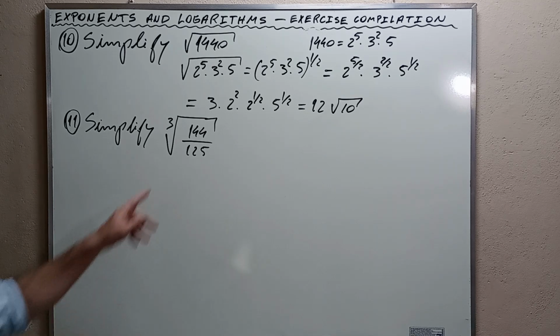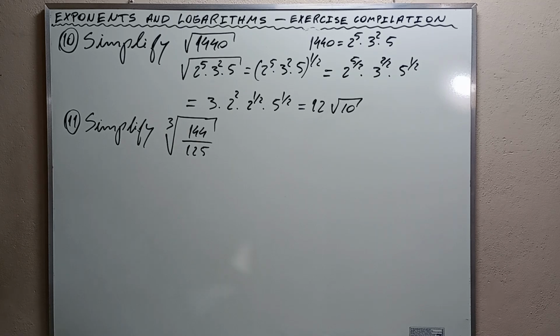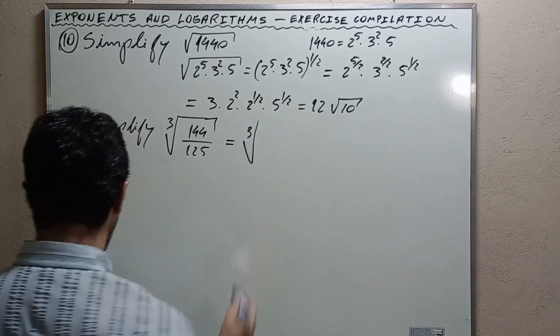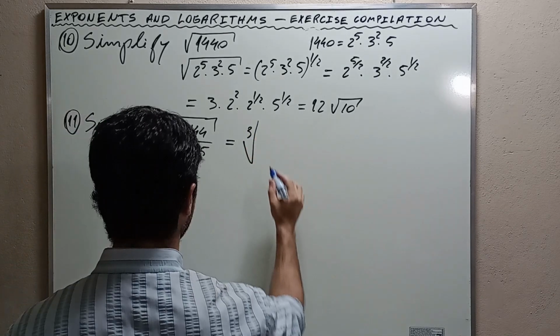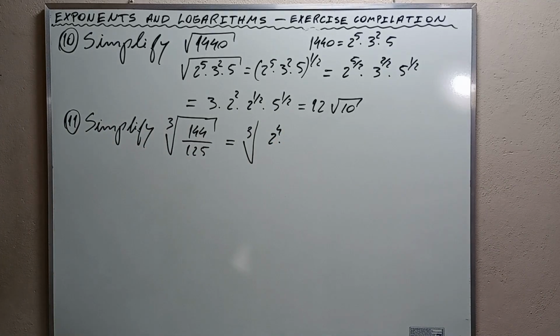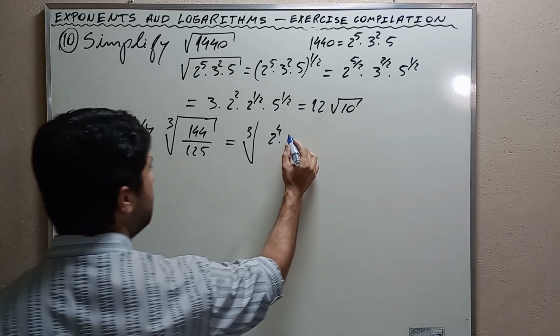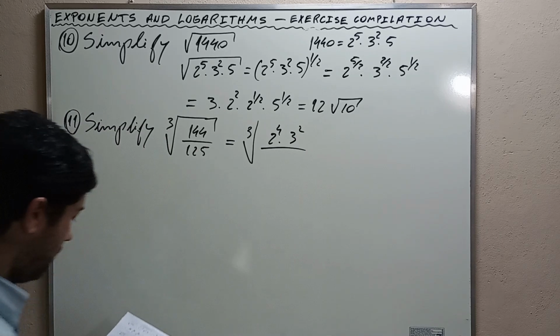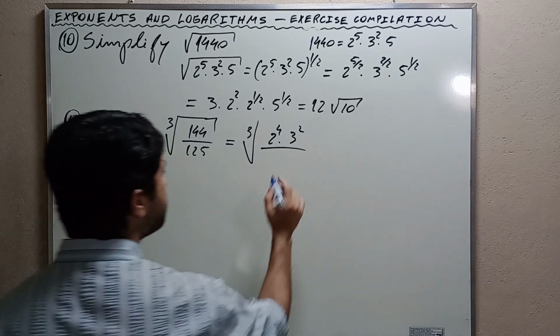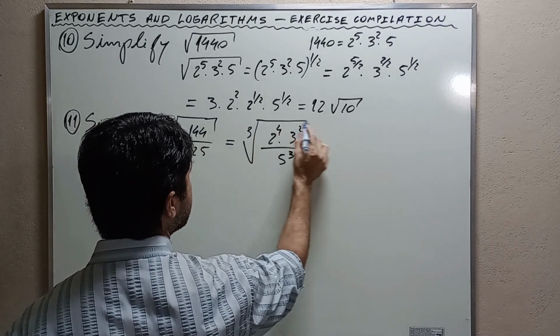We are going to factorize this into its prime numbers, the prime factorization of 144 and 125, and it becomes the cube root of 2 to the 4th times 3 squared divided by 5 cubed. Okay?